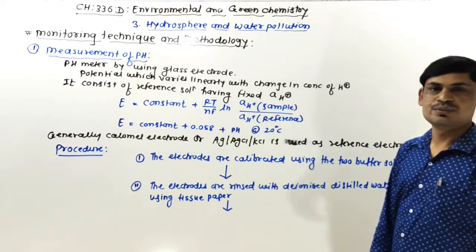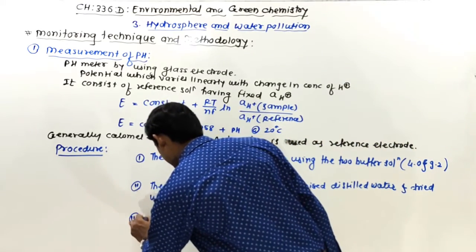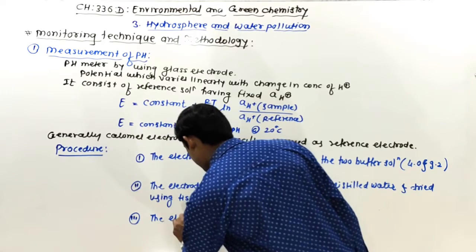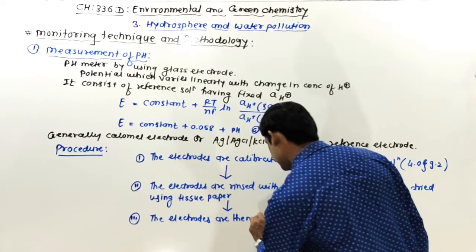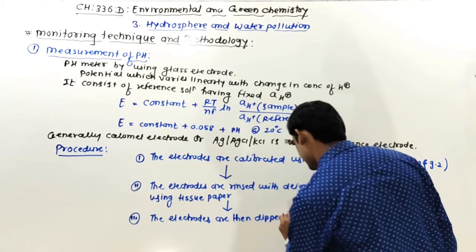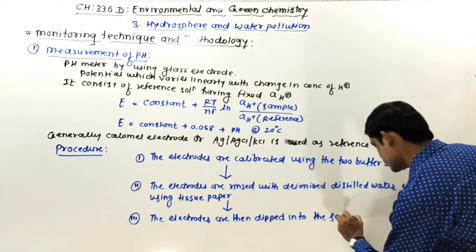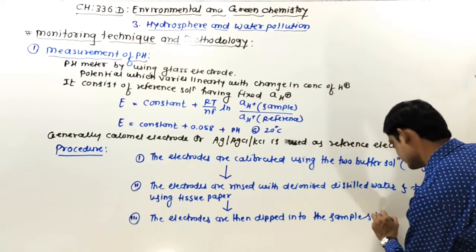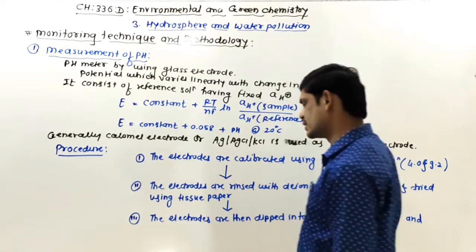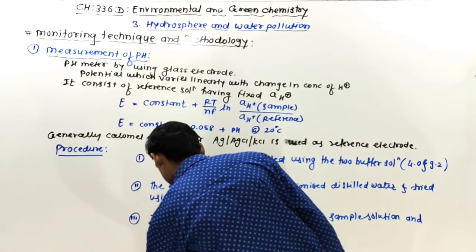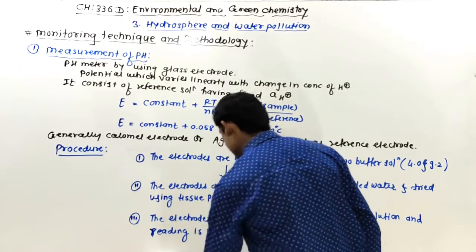Now the electrodes are ready to measure the pH of an unknown solution, and therefore in the third step, the electrodes are dipped into the sample solution and the reading is noted.